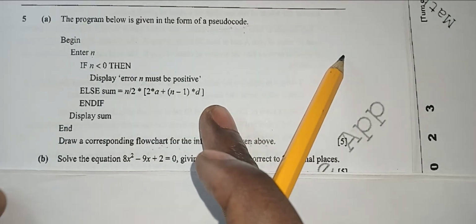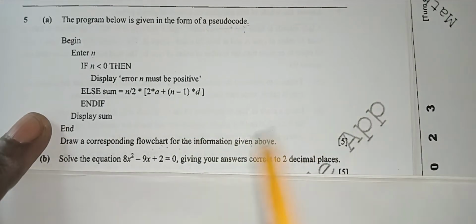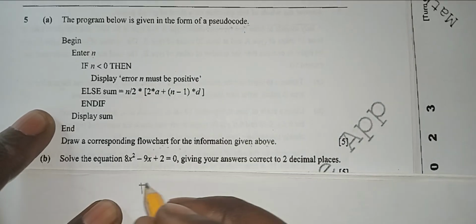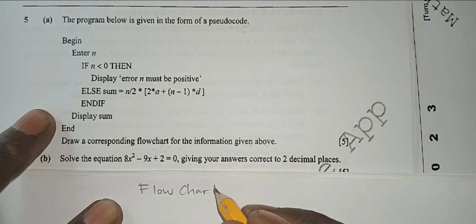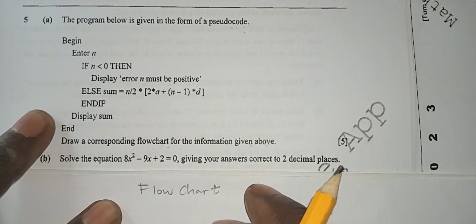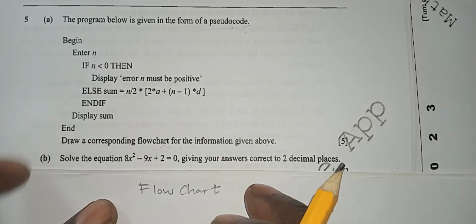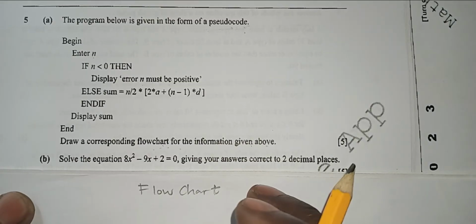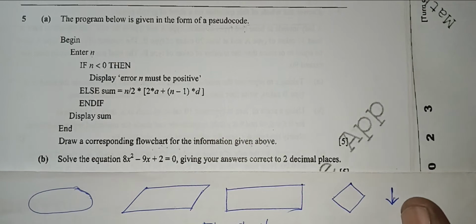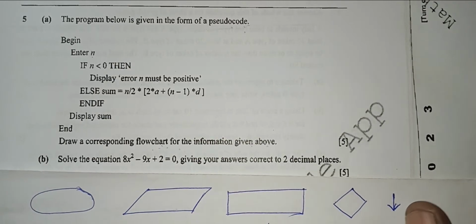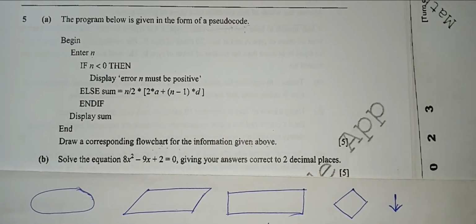So now when we look at this question, or how a flowchart is presented, we need to understand that there are a number of symbols that we use, and we need to understand the functionality of these symbols. So let's look at these symbols in brief terms and see how we can use them. I have these symbols.